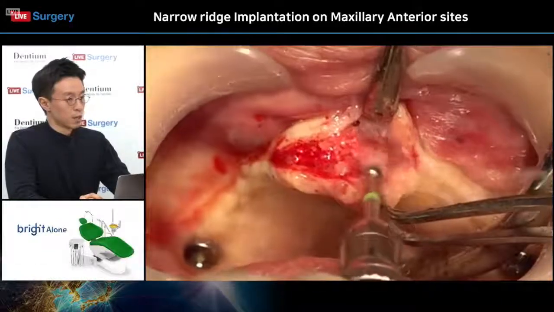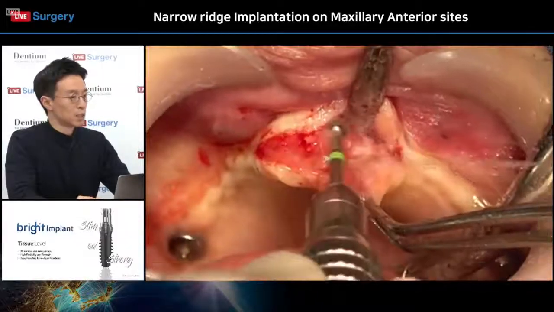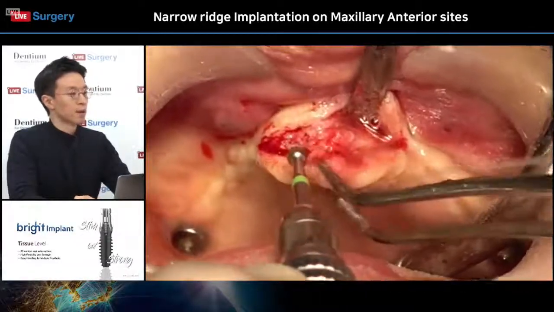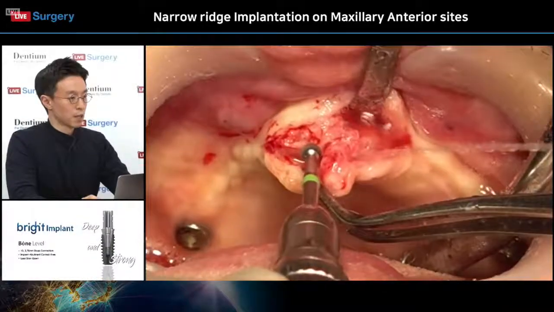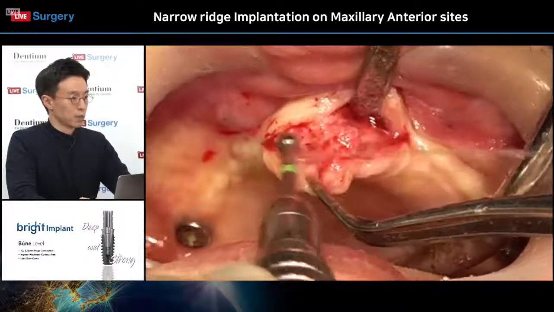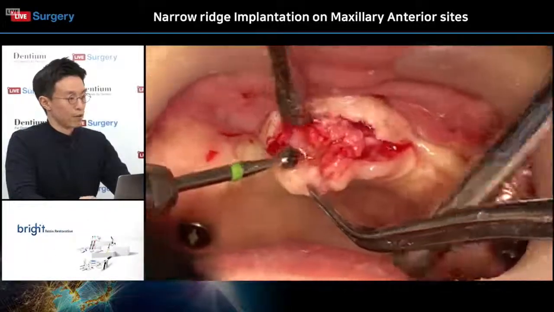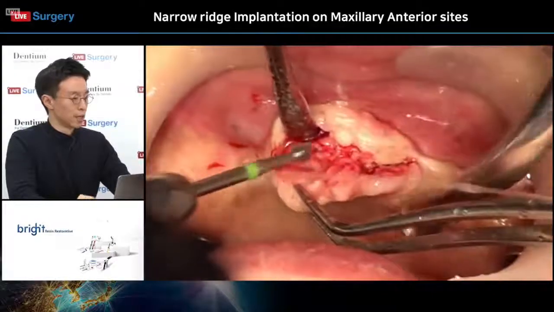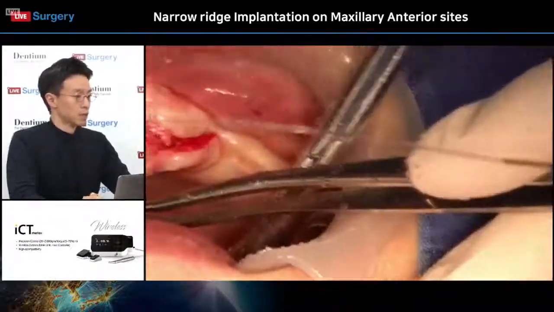He's grinding the unfavorable shape of the alveolar ridge with a low-speed round bur. We can remove the granulation tissue by this procedure.